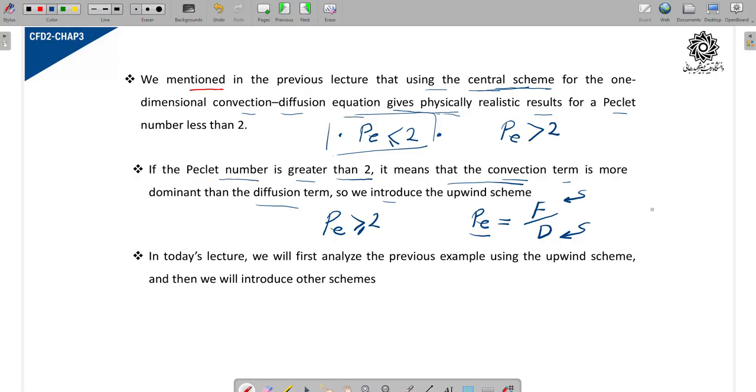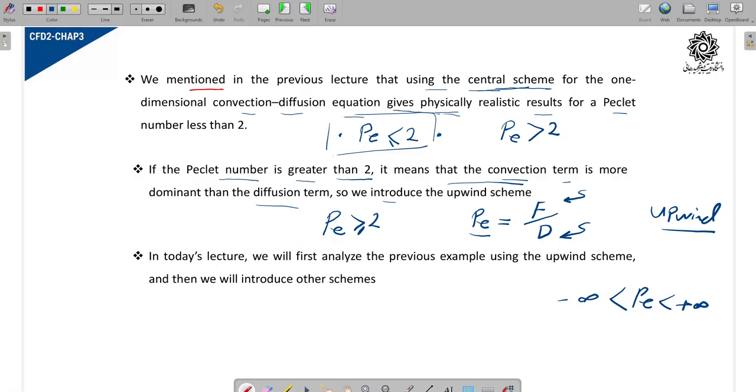The upwind scheme can be used for all Peclet numbers.